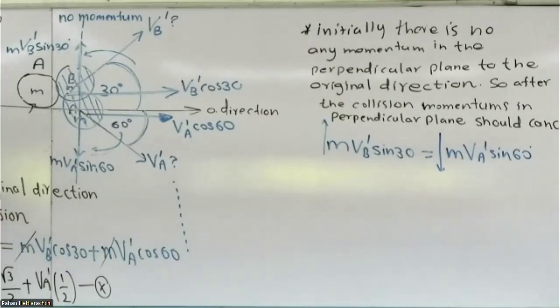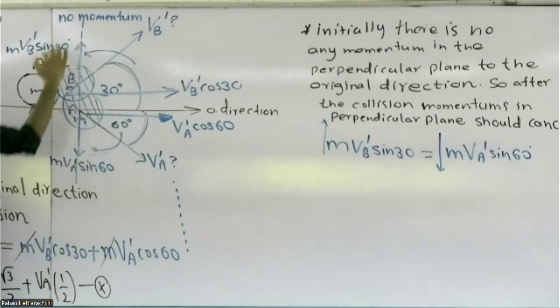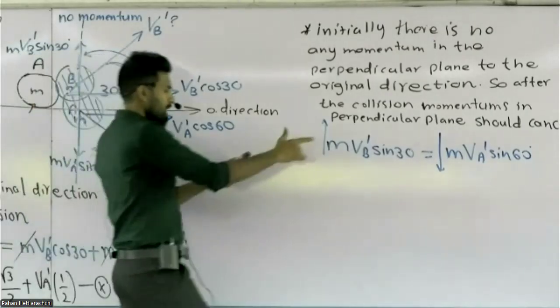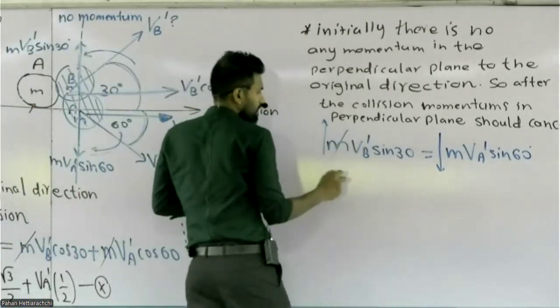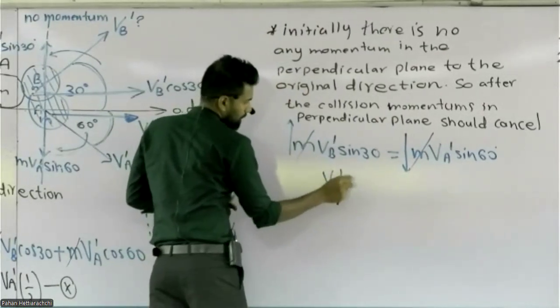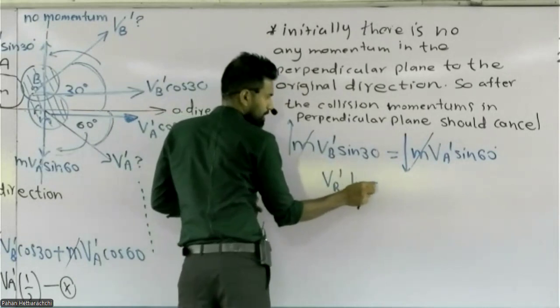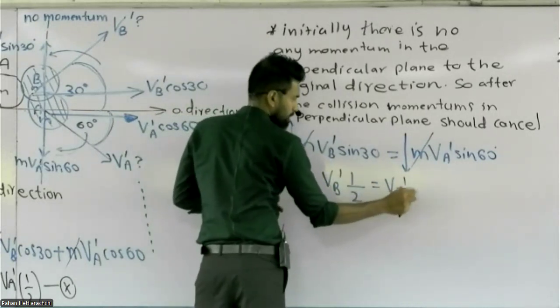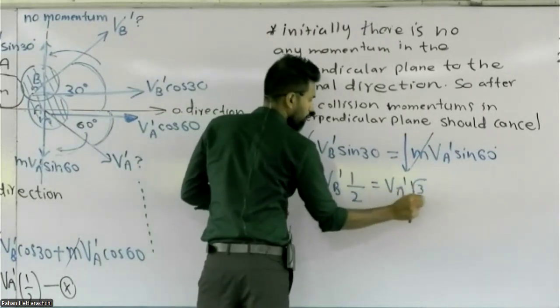Why? Initially, there was no momentum in this perpendicular plane. Conservation means no change. So if there's nothing, now again, there should not be anything. So these two have to cancel. From there, I can create my second equation. M will cancel out. VB dash sine 30 means half, equal to VA dash sine 60 means root 3 over 2.